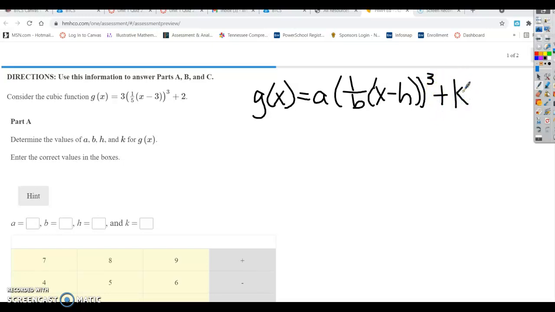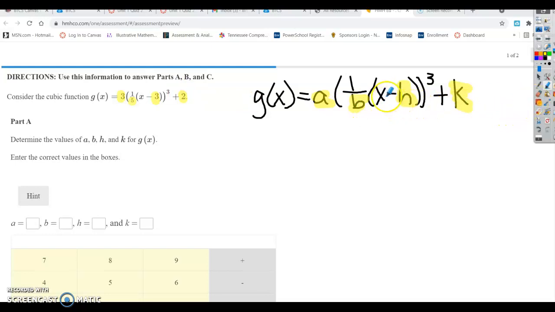So if we know where our a, our b, our h, and our k are located, then we can come over to the function and see the same thing in any equation. So when it says determine the values of a, b, h, and k, knowing the general formula will be very helpful. You can see this would be our a, b, h, and k.